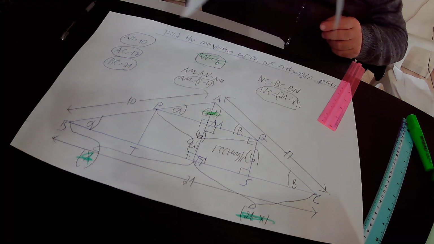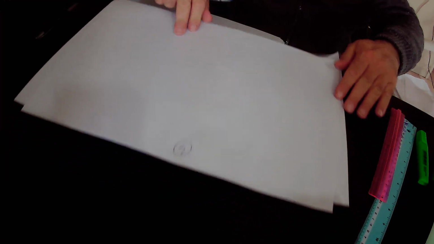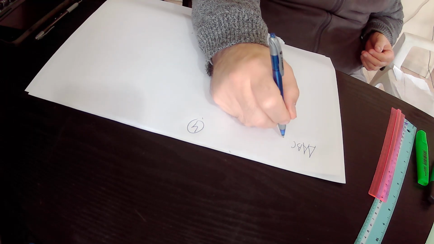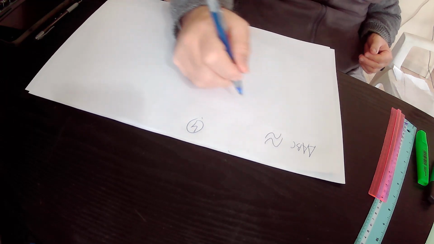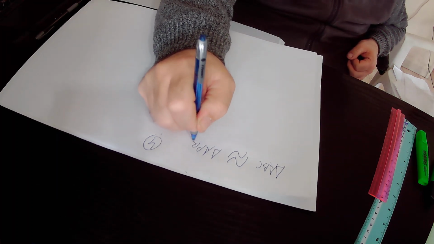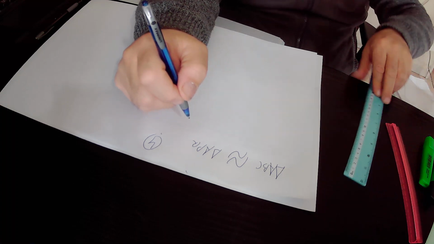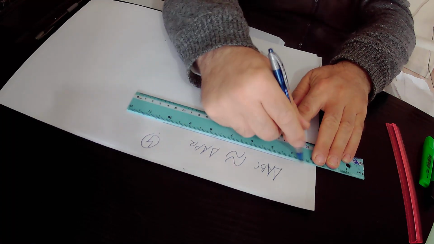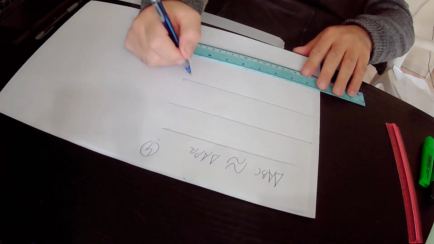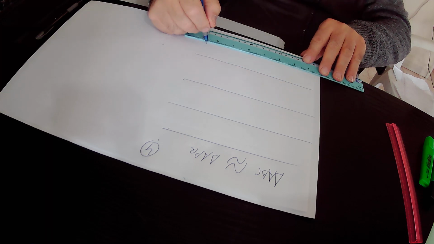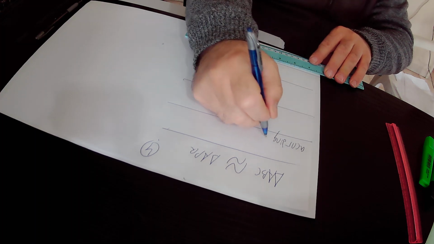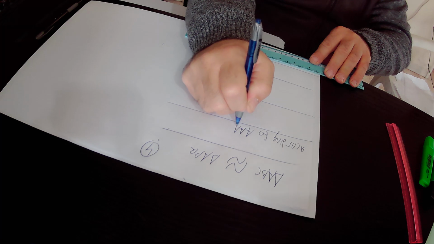We found out that the big triangle ABC is similar, this is the sign of similar, to the small triangle APQ, according to the angle similarity rule.